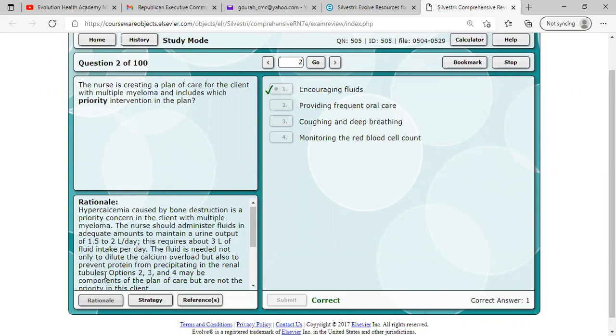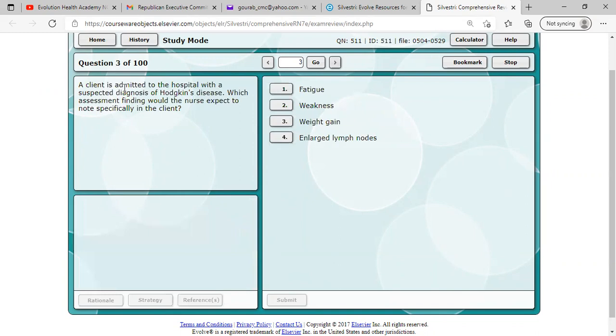What is amyloidosis? It is a group of diseases in which abnormal protein called amyloid fibrin builds up in the tissue. Next question.